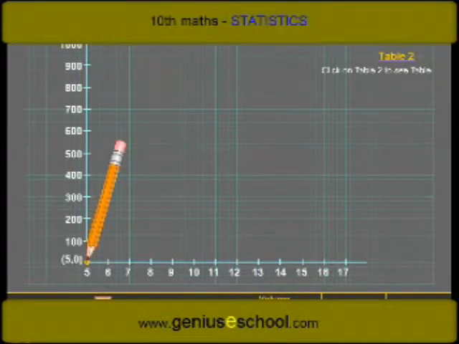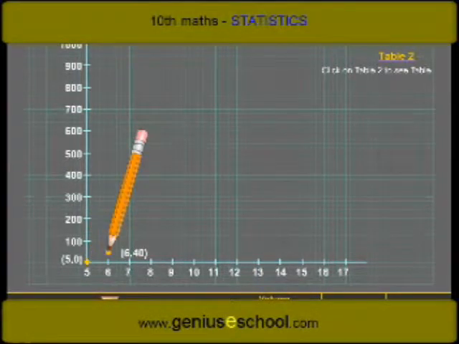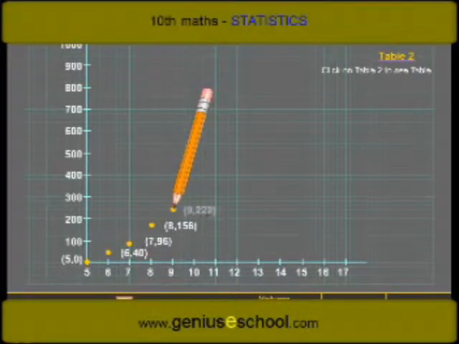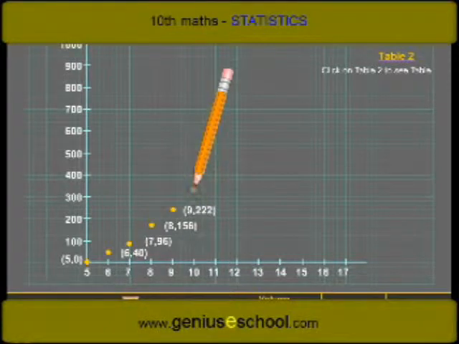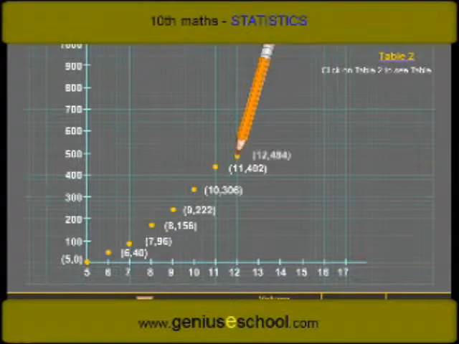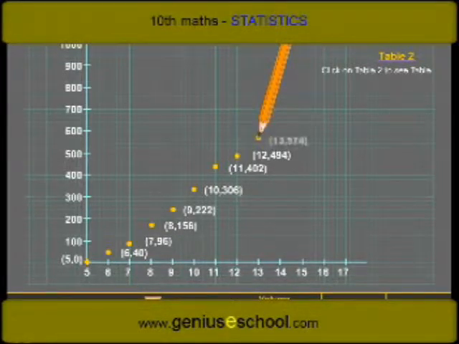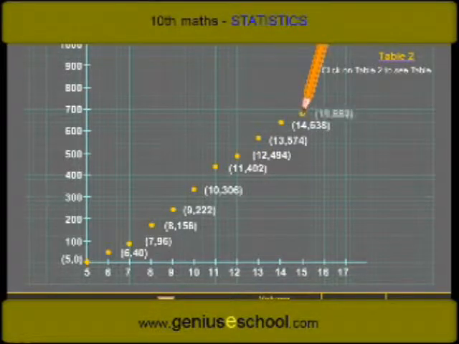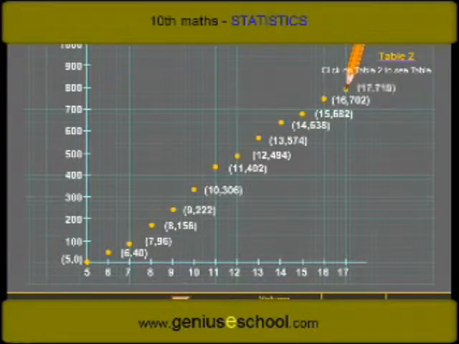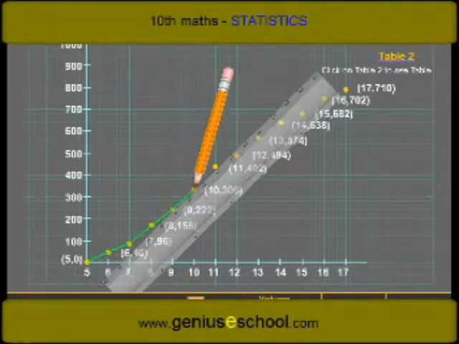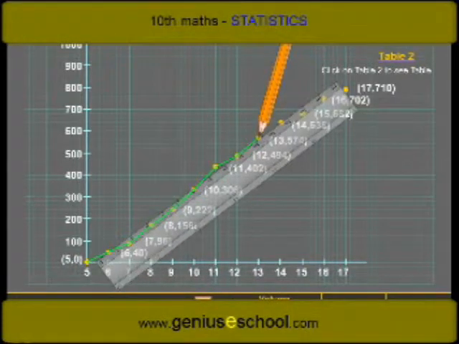We plot the points (5, 0), (6, 40), (7, 96), (8, 156), (9, 222), (10, 306), (11, 402), (12, 494), (13, 574), (14, 638), (15, 682), (16, 702), and (17, 710). These points are marked and joined by line segments to obtain the cumulative frequency polygon.